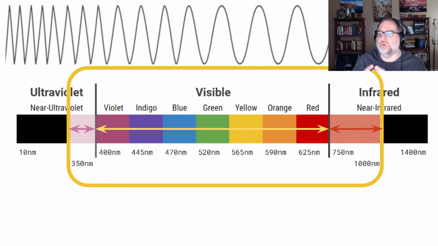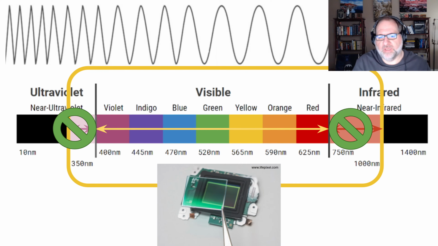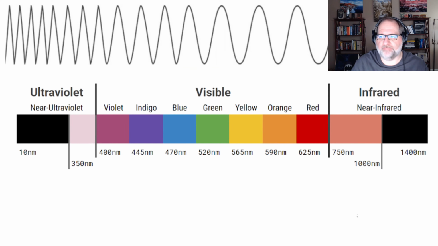In order to prevent UV and IR light from reaching the sensor, which is what we typically want with standard photography, cameras have filters that block these. There's a filter in front of the sensor that most people are not aware of, called a hot mirror filter. It's designed to block specifically infrared light so that it doesn't contaminate an image, because otherwise the sensor would be able to see that.